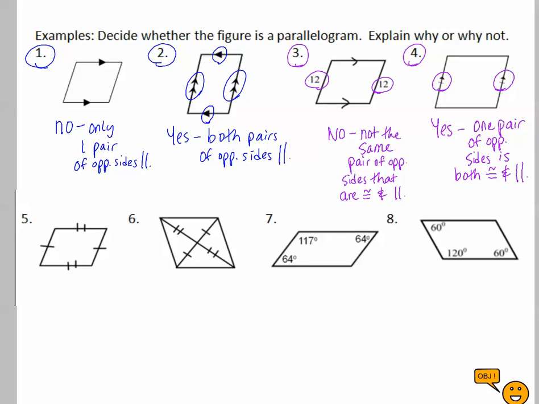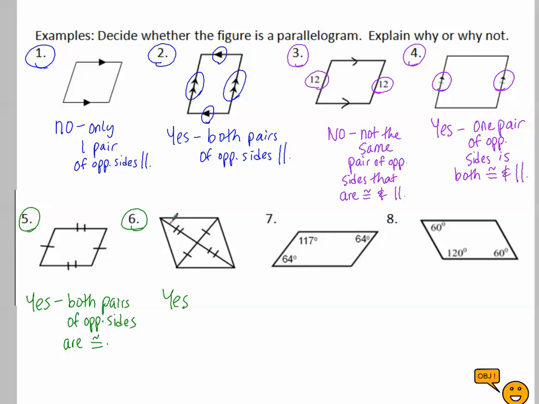Let's look at another pair of pictures, numbers 5 and 6, and talk about what we see here. I see congruent marks in this picture. I see congruent marks in this picture. Now, if you go back and you look at the properties that we listed, both of these are illustrated. But what can be tricky here is how to describe what you see. Here, it's the sides that have the congruent marks. So this one talks about the sides, both pairs of opposite sides are congruent because of the hash marks.